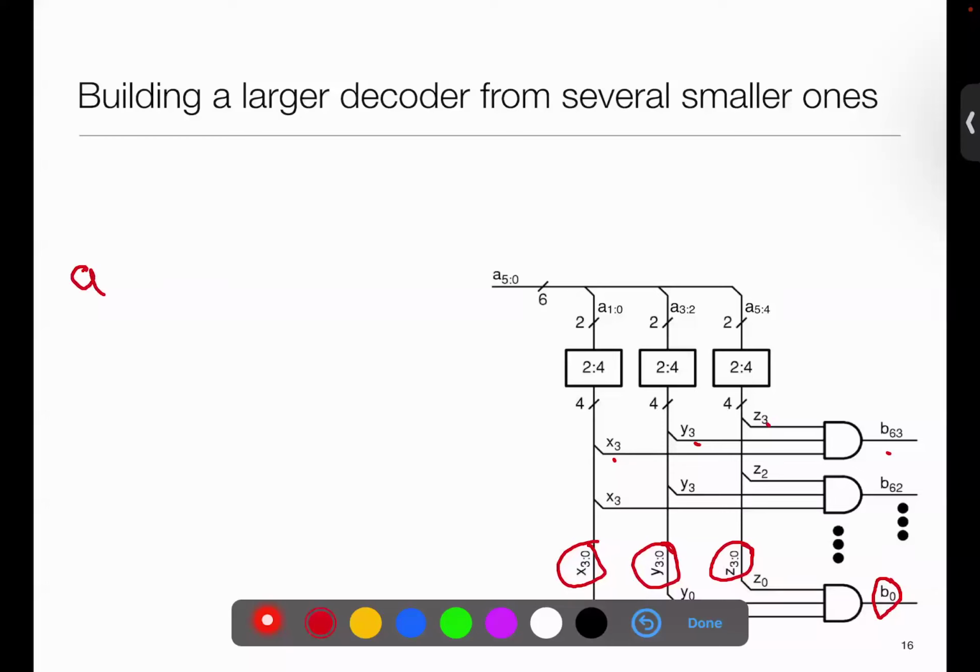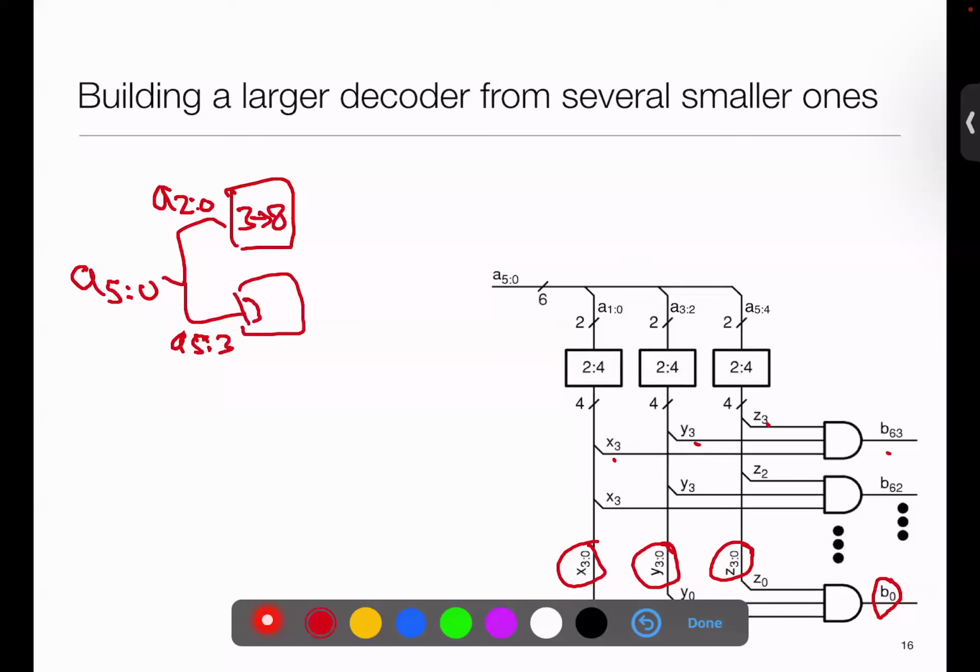I can take A5 colon 0, split it into A2 colon 0 and A5 colon 3, feed them into 3 to 8 decoders. Let's say I had those. Then I will get x7 colon 0 and y7 colon 0.